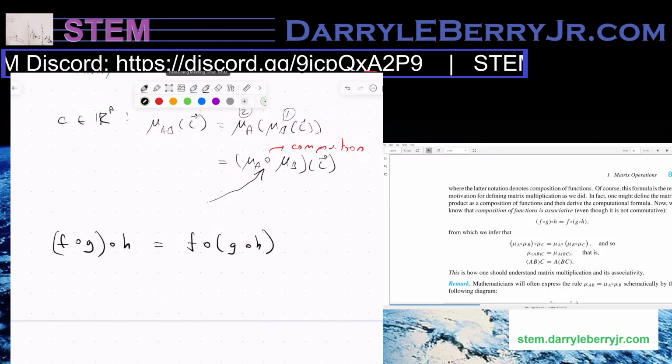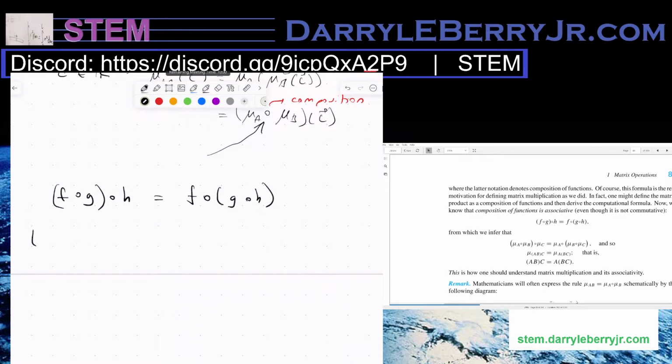From which we infer that these functions do the same.